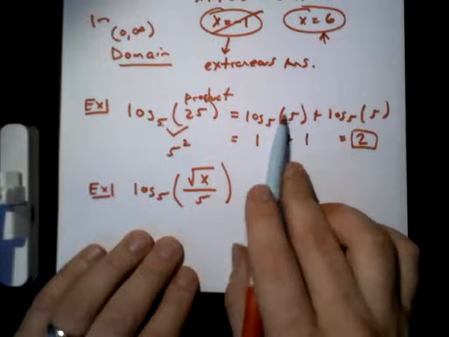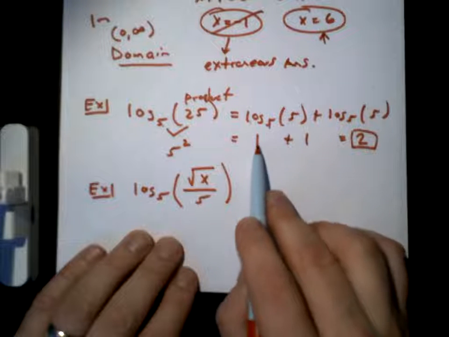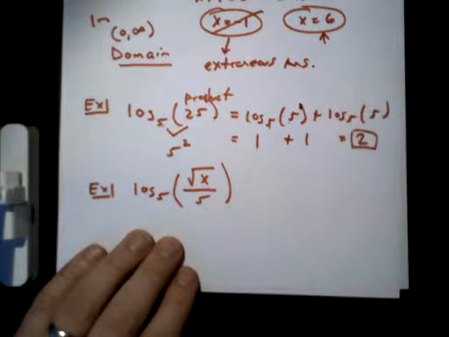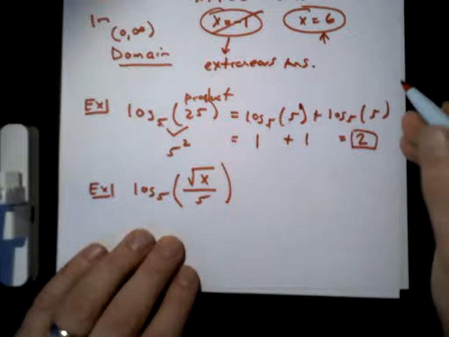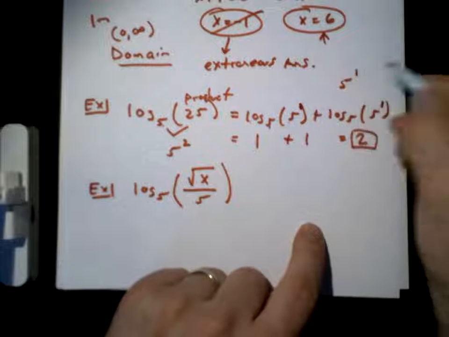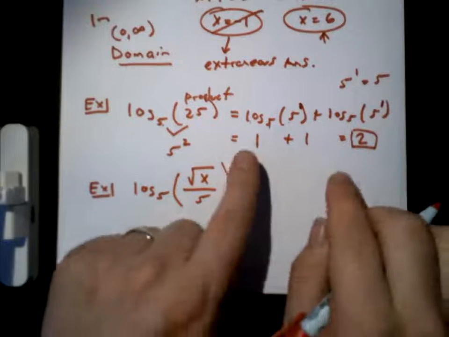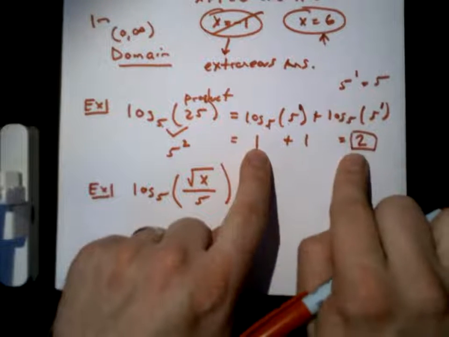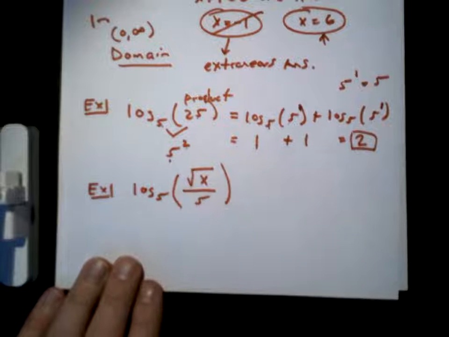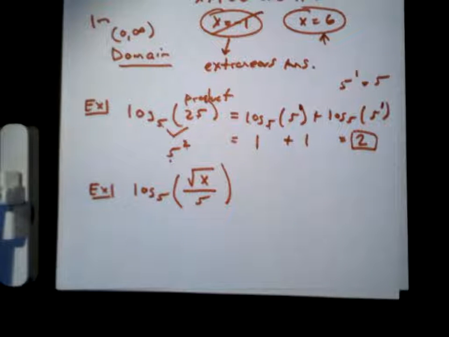Remember, this is actually a nice property. Log base 5 of 5 is 1. Why? Because remember, there's a 1 right here. How do you know that's a 1? Isn't it 5 to the power of 1, 5? So this is 1, this is 1. Hey, I get 2. But I know that 5 squared is 25. Done. Hope that made a little bit more sense on that one.